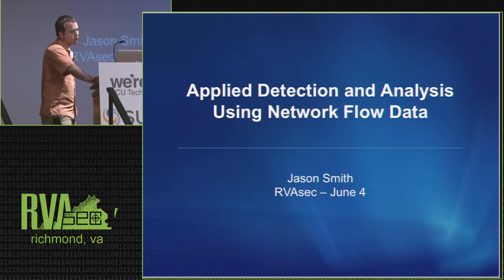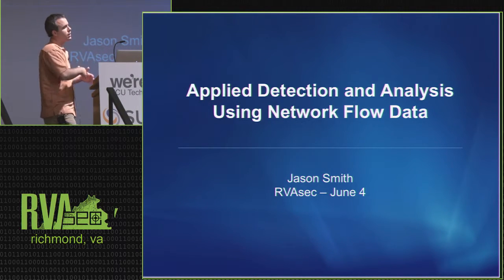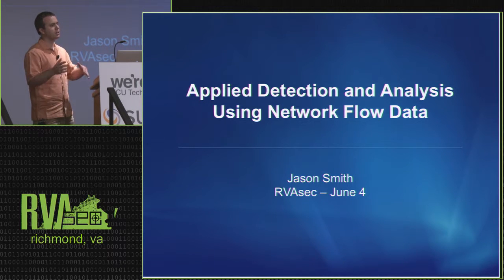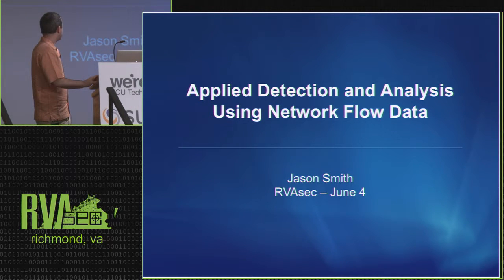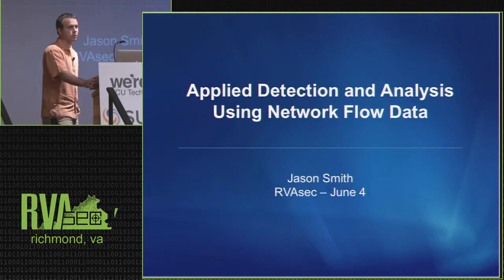But we're going to talk about network flow data, and I'm going to introduce this, here's how to collect it. Here are some tools to use, specifically SiLK, which was developed by Carnegie Mellon, as well as FlowPlotter, a tool that takes SiLK data and makes it into some interesting plots, and FlowBAT, which is a tool that Chris Sanders and I developed to ease SiLK users into flow data more easily.